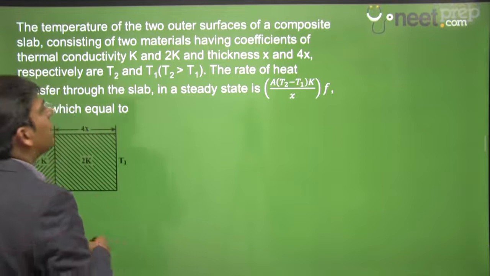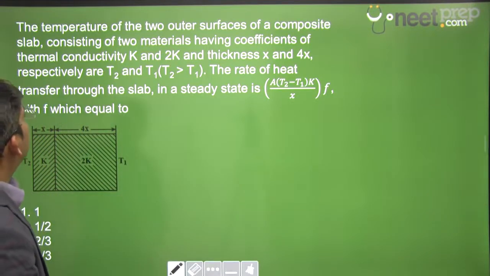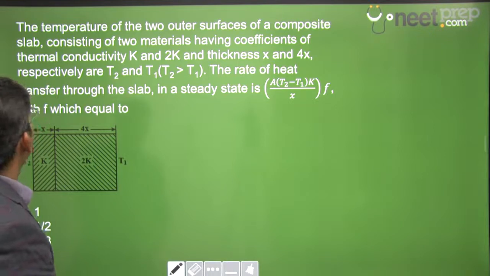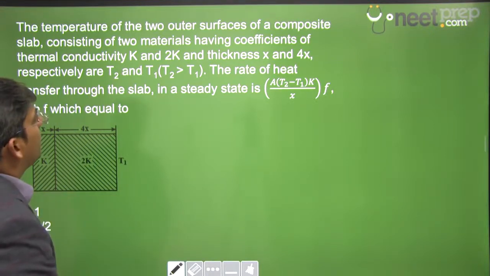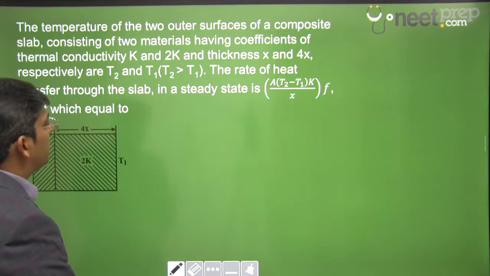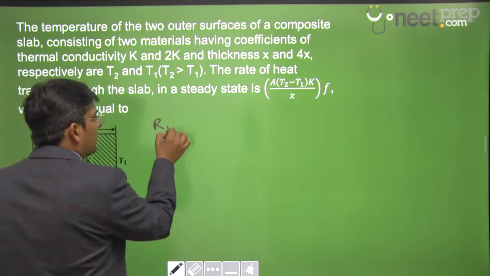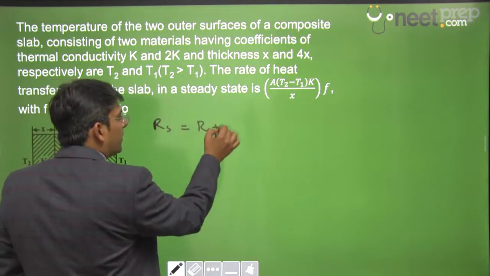The temperature of the two outer surfaces of a composite slab consisting of two materials having conductivity K and 2K, thickness X and 4X, is T2 and T1, T2 being greater than T1. The rate of heat transfer through the slab in a steady state is, see, the resistance of both the slabs in series is R1 plus R2.